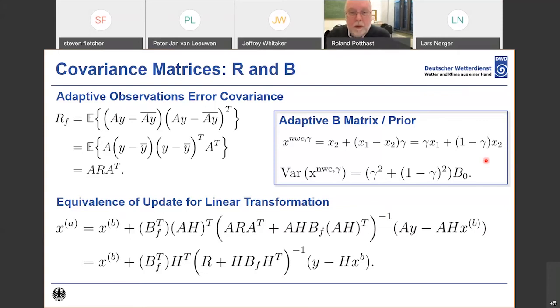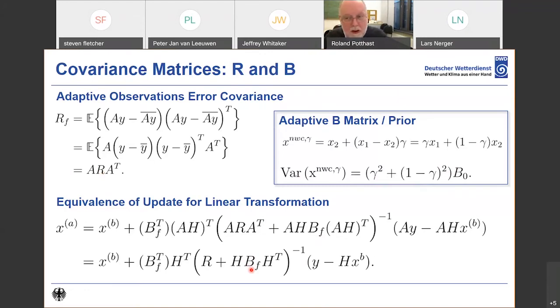If you would do this, then, for example, the nowcasted observation is gamma x1 plus (1 minus gamma) x2, and the variance of this goes up by a factor of gamma squared plus (1 minus gamma) squared. If you build this in, it will cancel any factor in the R matrix, which is basically the same process. And then you end up with a changed B as well, and the game is open from my point of view to discuss what is the correct prior you should really use.